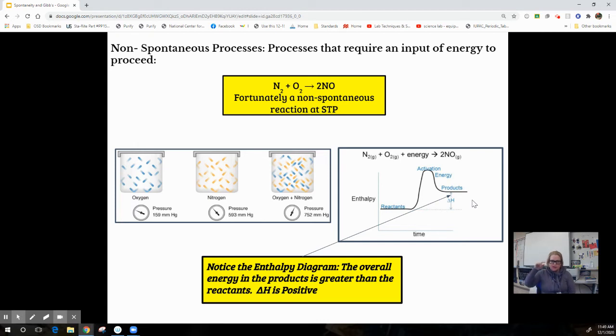And I'm bringing this back up because of some questions that came up on Learning Target 4 through 6. When you have more energy in the products than you do in the reactants, it's an endothermic process, and delta H will be positive. So non-spontaneous process with an endothermic process here.